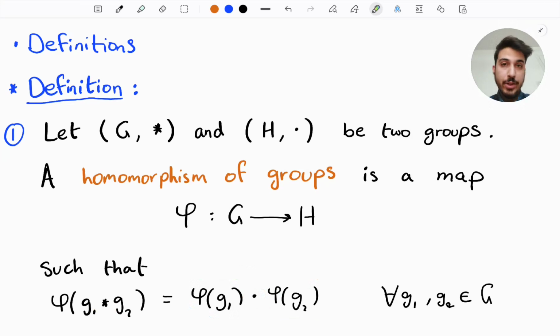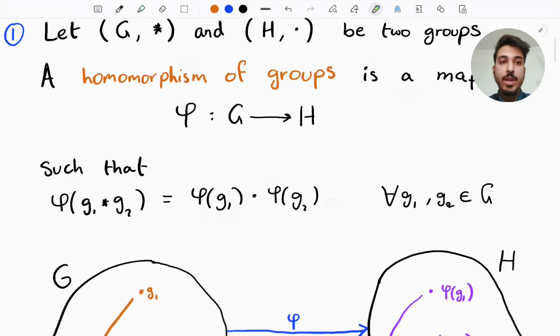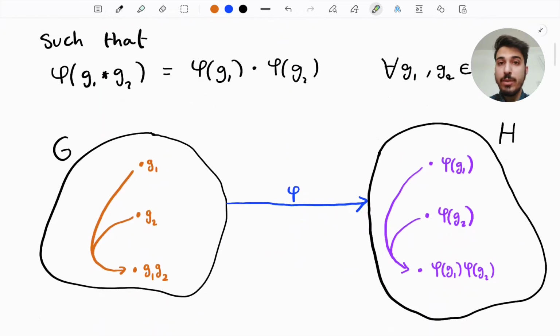So what this definition is intuitively saying is that a homomorphism respects the structure of both groups. When it takes the elements g1 and g2, it carries them into phi of g1 and phi of g2 in a way that respects the structure of both groups.